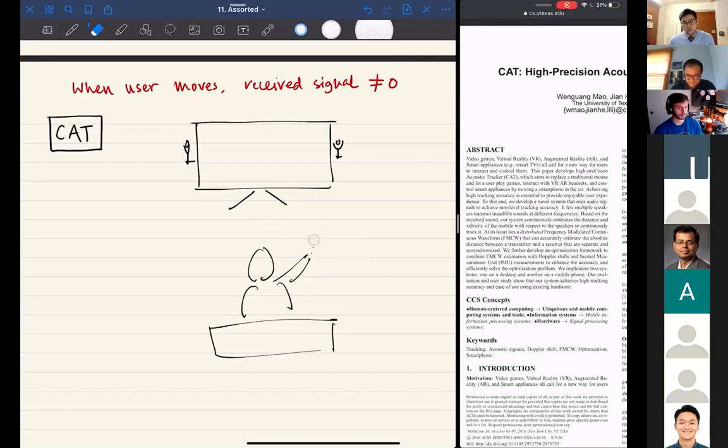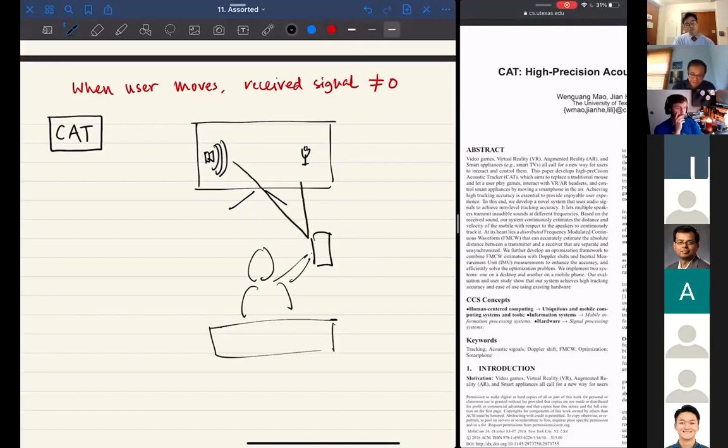So imagine there is a speaker which is sending out sound, and there is a microphone, and there is an object in your hand. The speaker's signal reflects off the object and goes to the microphone.